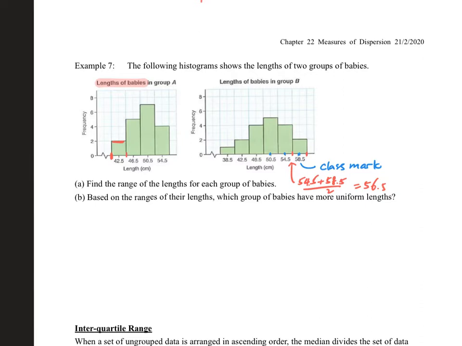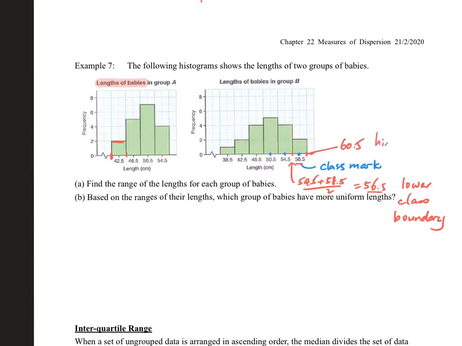This value is the start of the last group, which is called the lower class boundary. Accordingly, from 56.5 to 58.5 there is a difference of 2. So the end of the last one will be 58.5 plus 2, which gives you 60.5.